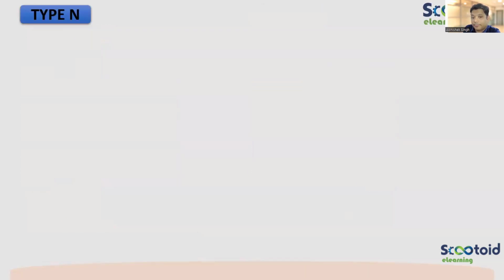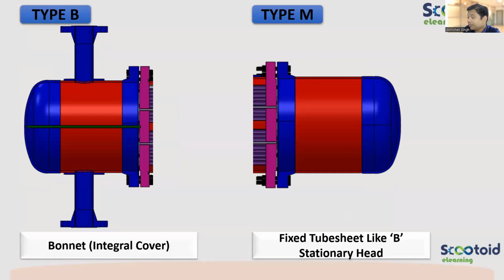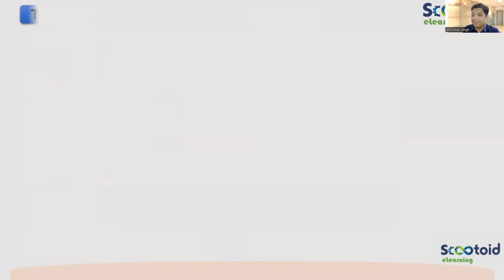So this is the B type and the opposite type M. You can see it is a complete mirror of it. What is the mirror of A type, guys? What do we call it? L. What is the mirror of B type for rear? M. Absolutely right. So just remember that.